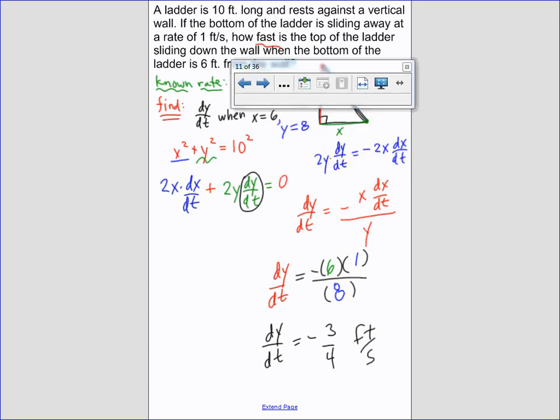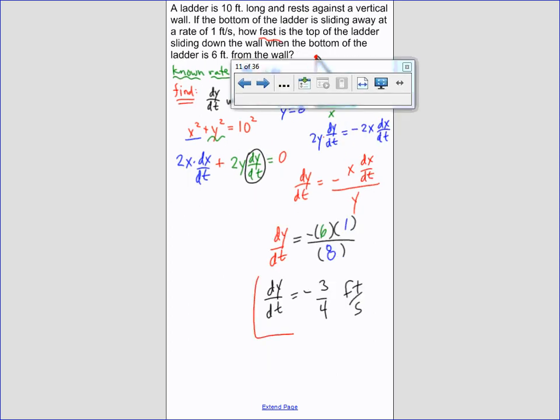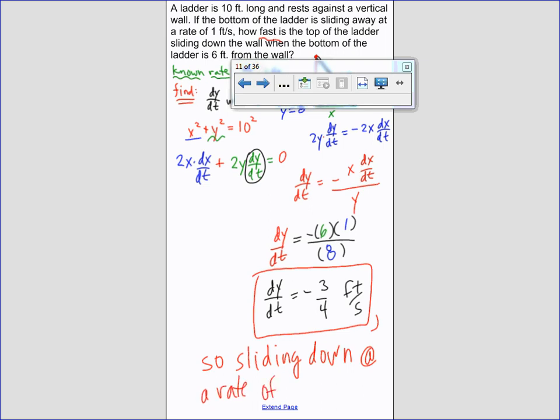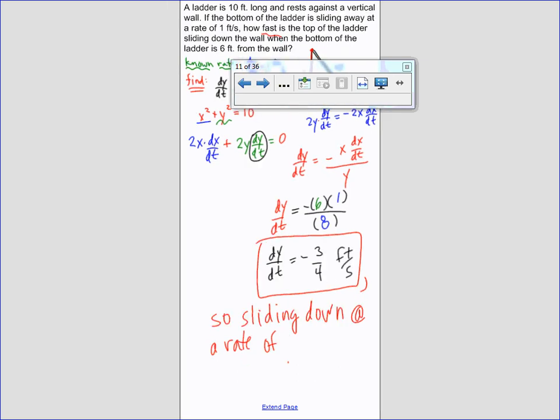And so this is a situation where I would put dy/dt equals negative 3/4, so sliding down at a rate of 3/4 feet per second.